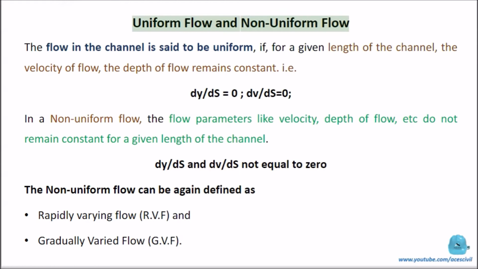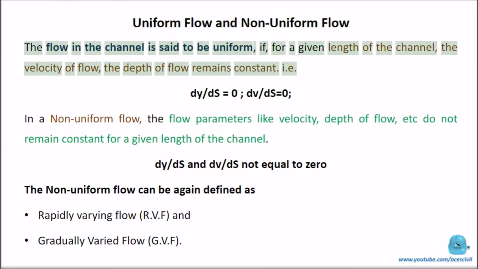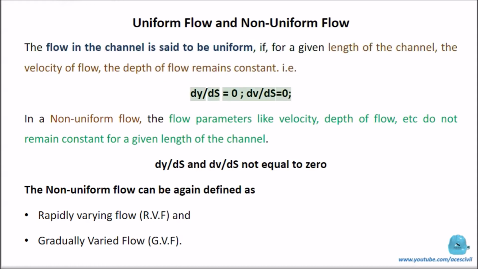Uniform flow and non-uniform flow. The flow in the channel is said to be uniform if, for a given length of the channel, the velocity of flow and the depth of flow remain constant, i.e. dy/ds equals 0, dv/ds equals 0.